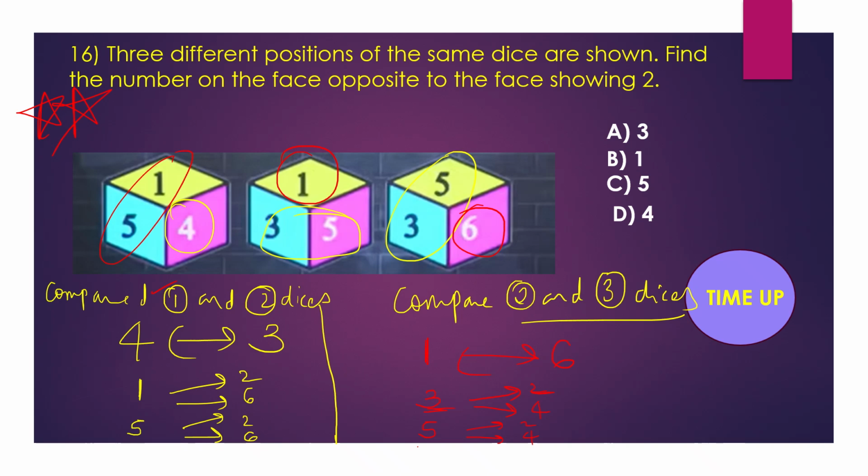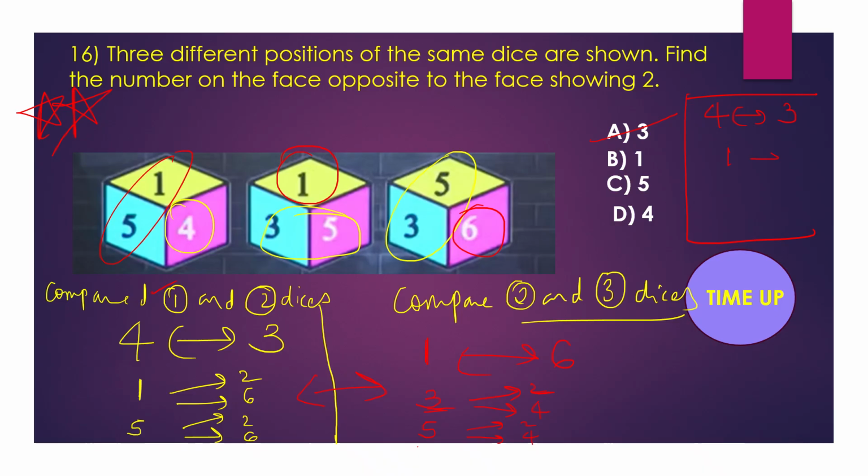But from both the comparison, finally what we got is that 4 का opposite 3 है, so 3 is gone.